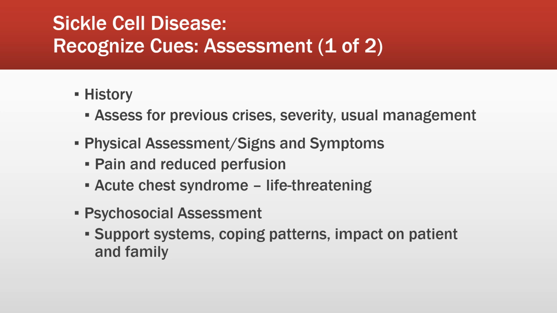You may hear a murmur upon listening to heart sounds. They may have jugular vein distension. That's a really critical type of cue. Extremities cool to touch, slow capillary refill. They may have increased heart rate. Their blood pressure could be normal or it could be low.